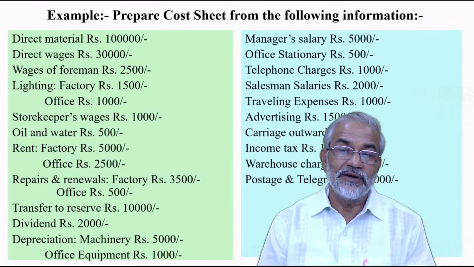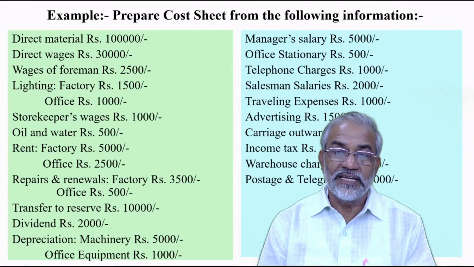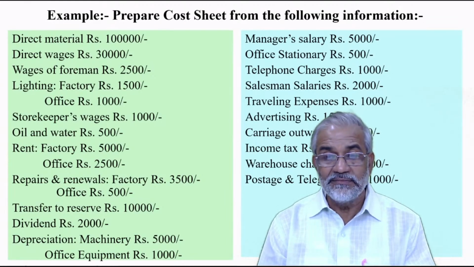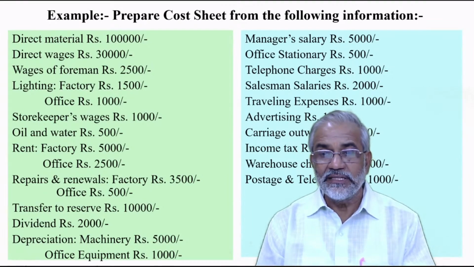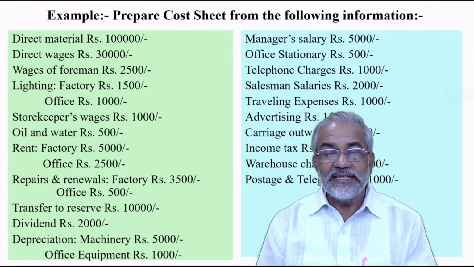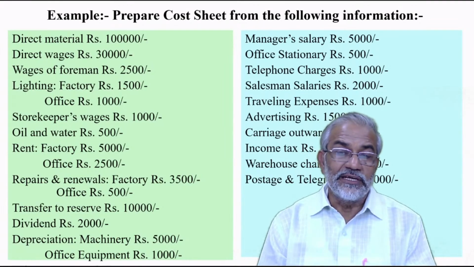So also is the case of income tax. Income tax is an appropriation of profit. That means whenever there is any income, tax has to be paid thereon at the rate specified by the government. And that income tax has nothing to do with the production of any product or unit, so it doesn't form part of cost accounting.